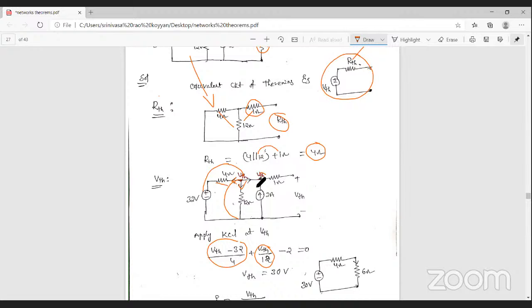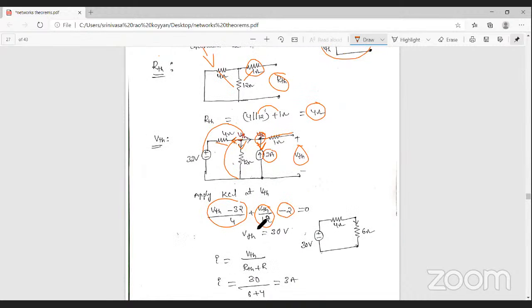Here the current is entering the Thevenin's node, that's why there is a minus 2. There is no current passing through this pathway because here it is open circuit, that's why it is equal to 0. Then you get the Thevenin's voltage VTH equal to 30 volts from this equation.